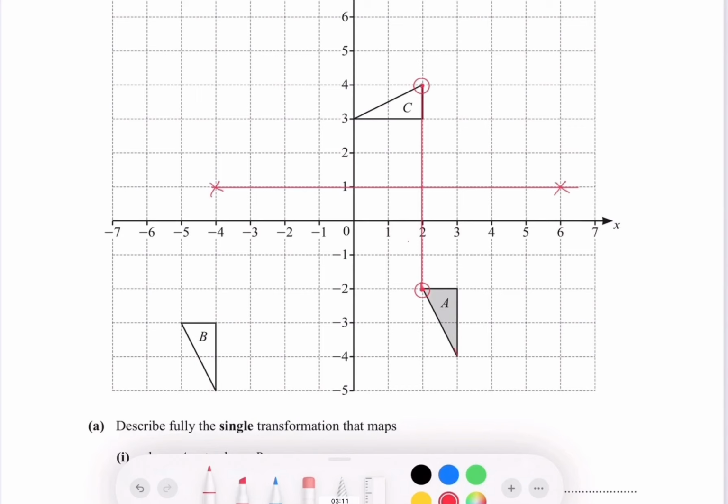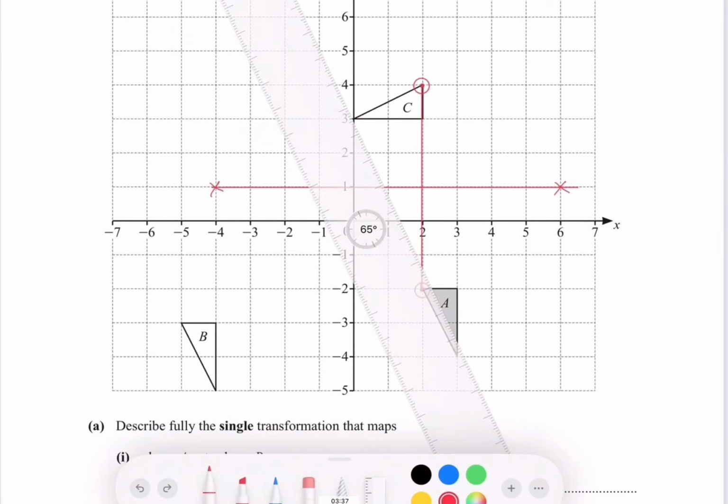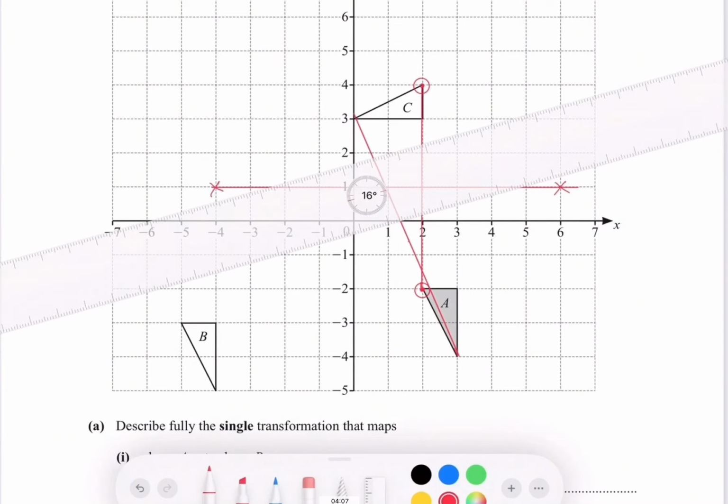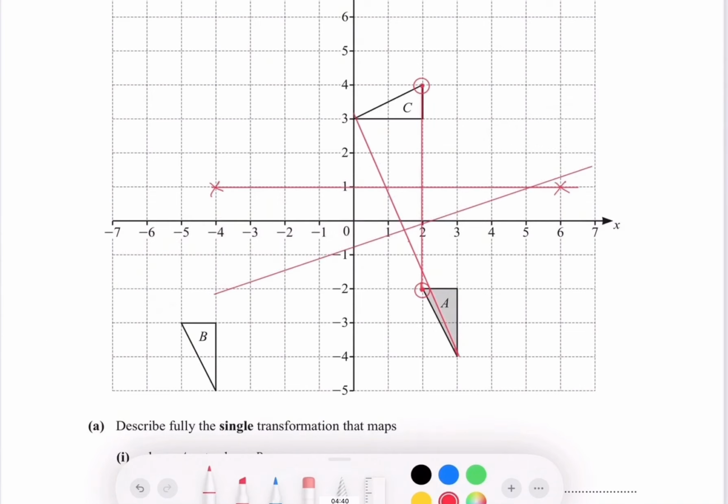Now do the same thing, take any other second point on the corresponding edges, like this one, and draw its perpendicular bisector. I am doing it with the ruler, but you have to do it with a compass. Where these two perpendicular bisectors meet, that would be its center of rotation. So it's at 5,1.